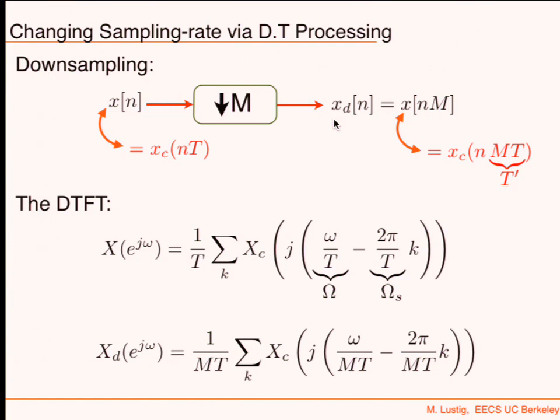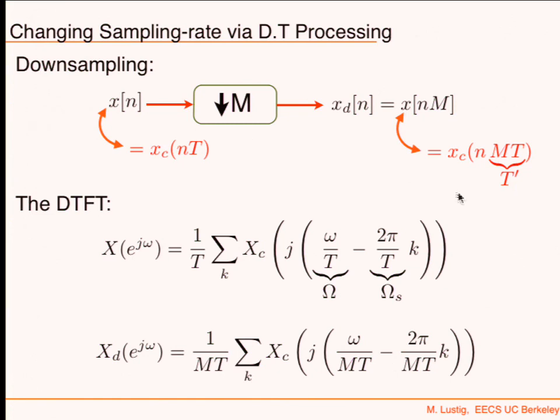We're going to use the subscript d for the decimated one. There's a difference between downsampling and decimation, and you'll see what the difference is. But this is decimation, and the value is going to be x of n times capital M. So basically we take every Mth sample.